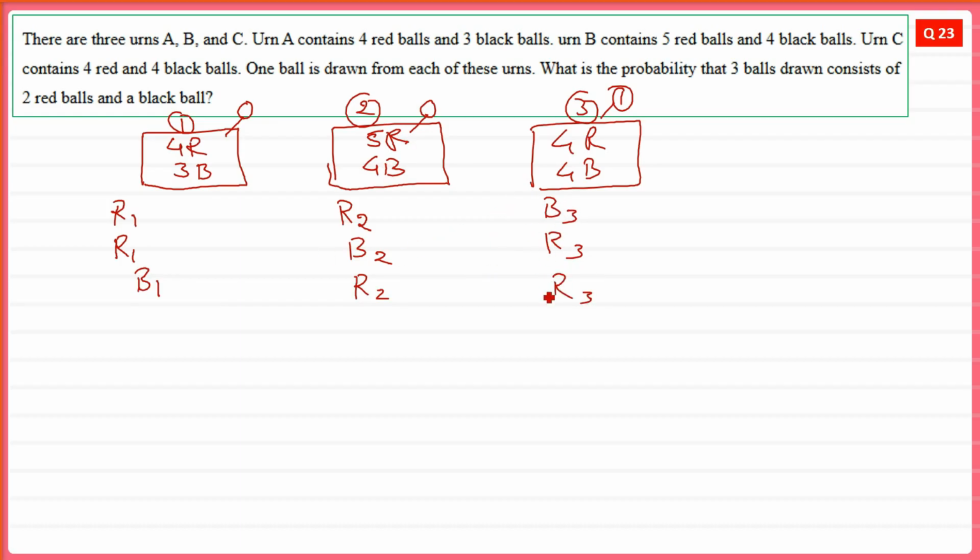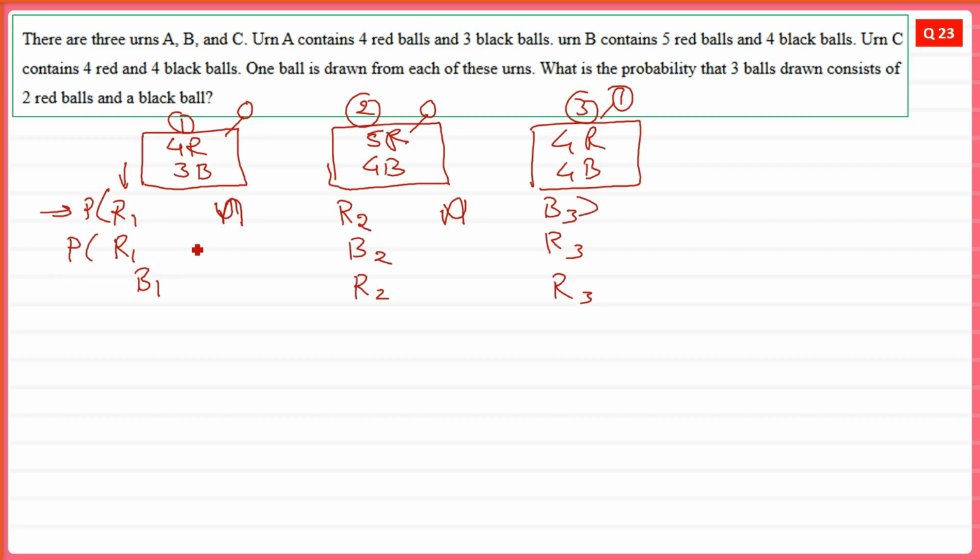So now you see the rows and columns are similar. Any row or column you take will have 1 black and 2 reds. All these have 2 R's and 1 black. So now take the intersections. P(R1 ∩ R2 ∩ B3) is the first term.